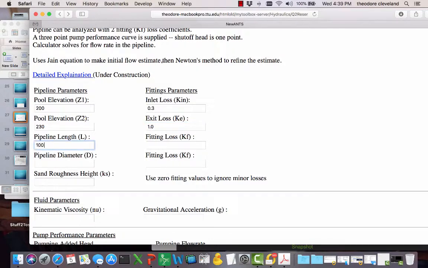Pipeline length was 1,000 meters. The fitting loss is 0.3, and there's no second fitting, so we'll disappear that. Pipeline diameter is 0.4.